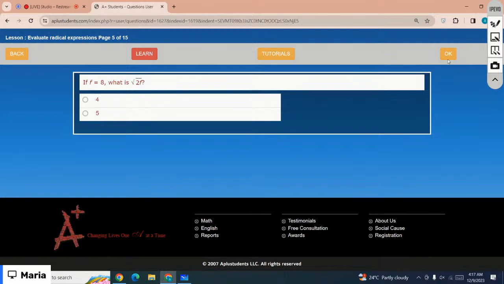Yes, 2 times 8 is 16, square root 16 equals 4. The correct option is 4. Very good.